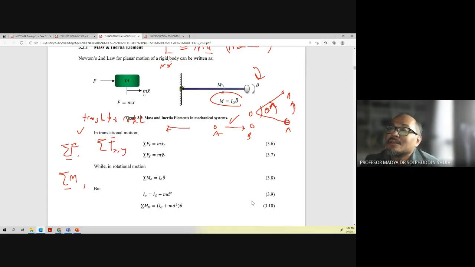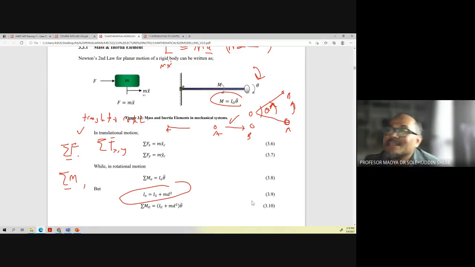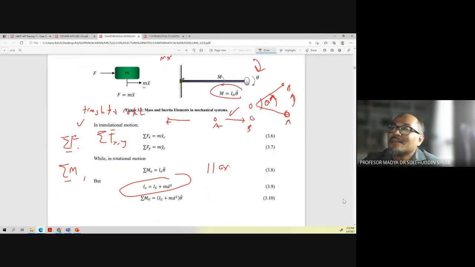Do you still remember this equation? What is the name of this equation? Anybody? Parallel axis theorem. Good, remember, this is the parallel axis theorem. You substitute this I using the parallel axis theorem and you get equation 10.